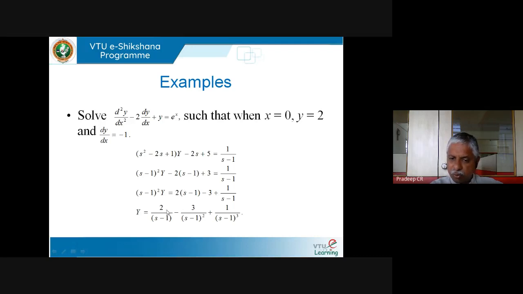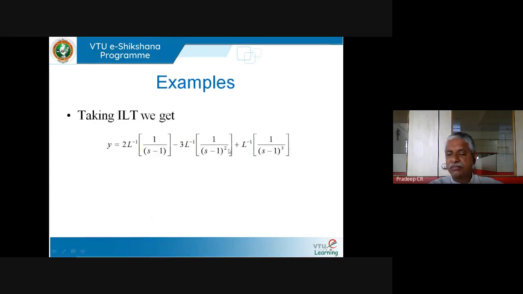That means L inverse of this thing minus L inverse of this thing plus L inverse of this. That's what I have written. Small y of x, I should have written y of x here, that's okay. Small y of x is twice the Laplace inverse of 1 by s minus 1, minus 3 times Laplace inverse of 1 by s minus 1 whole square, plus Laplace inverse of 1 by s minus 1 whole cube.